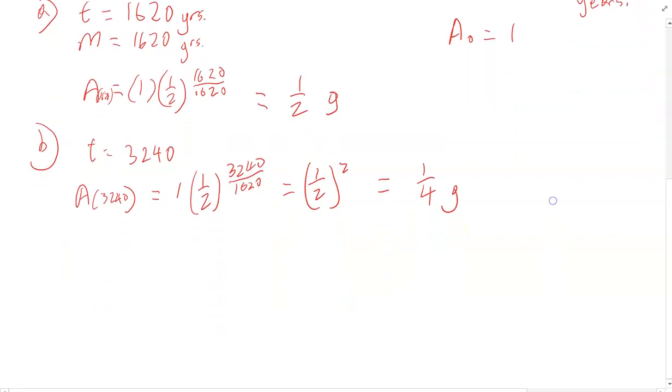So after 3240 years, we're left with 1/4 of a gram.